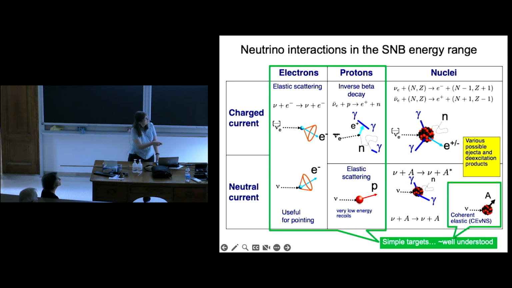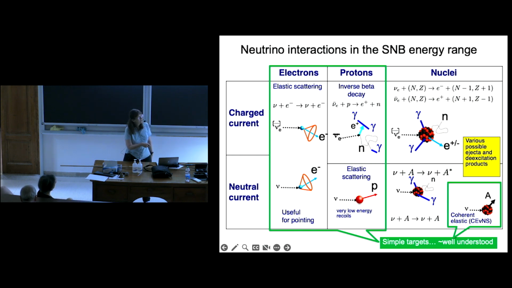However, when you look at charge current and neutral current interactions on nuclei, these are much more complicated, messy objects. And what you actually see in a detector is various possible things that are spit out of the nucleus, ejected nucleons and de-excitation gamma rays and so on. They can be actually quite messy and complicated final states.